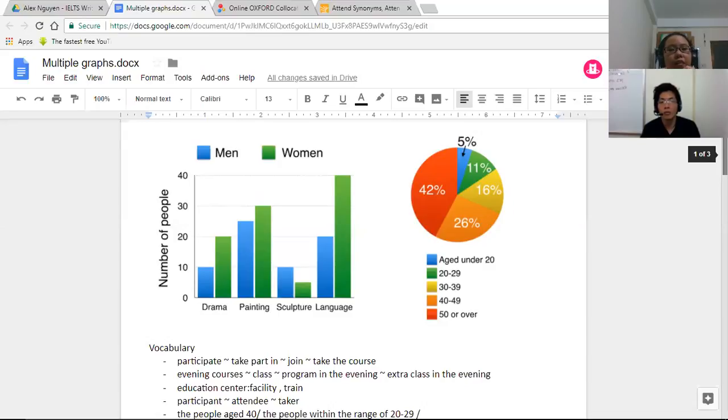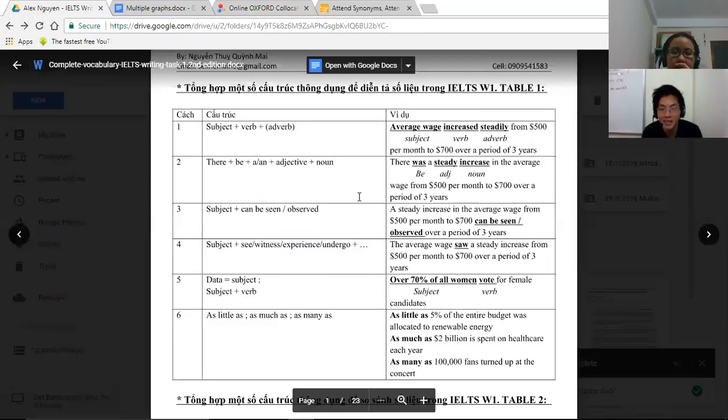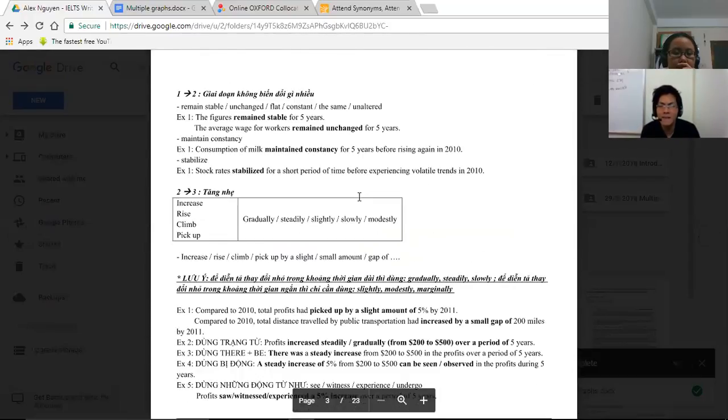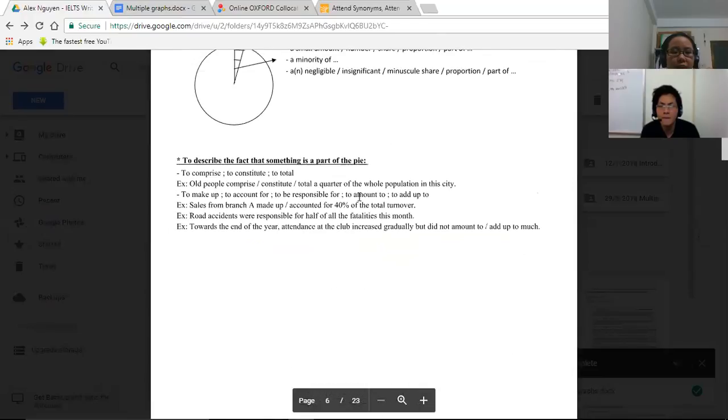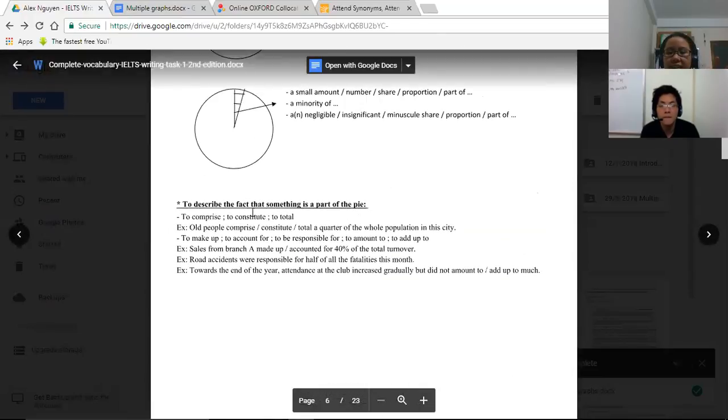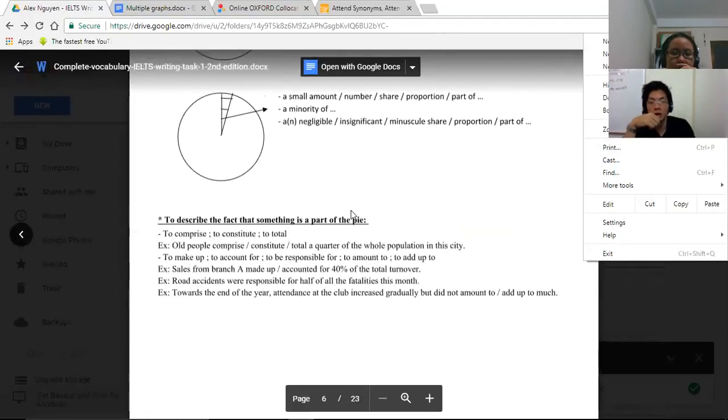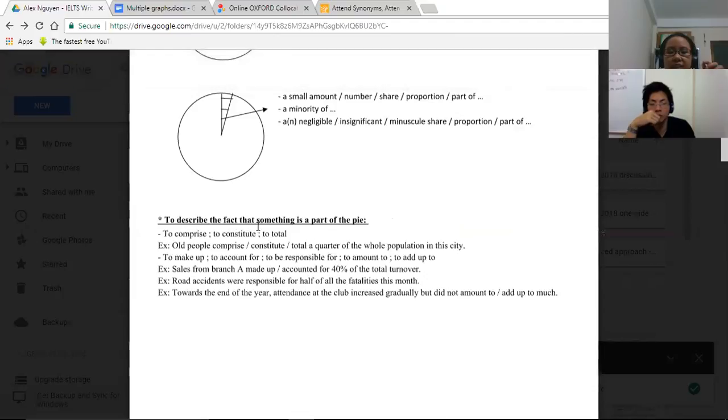I think I have included a lot of language to express the proportion of the pie chart. I'm trying to look back at it again to remind me a little bit. To describe the fact that something is a part of the pie, now you have comprise.